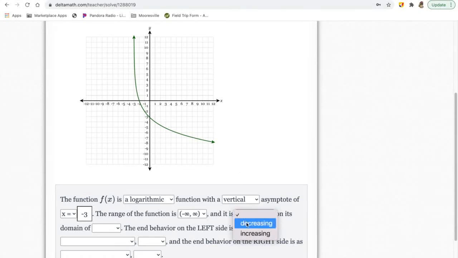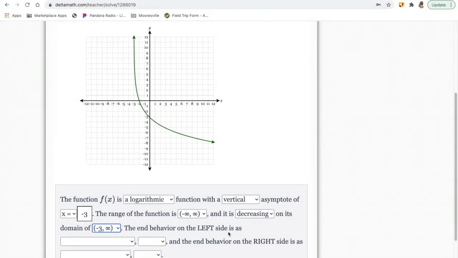So this function is decreasing on the entire domain. And its domain is, well, remember domain goes from left to right. Our domain is not going to pass -3, so it will start at -3 and it will go forever if you look at the direction it's headed. So it's -3 to infinity.